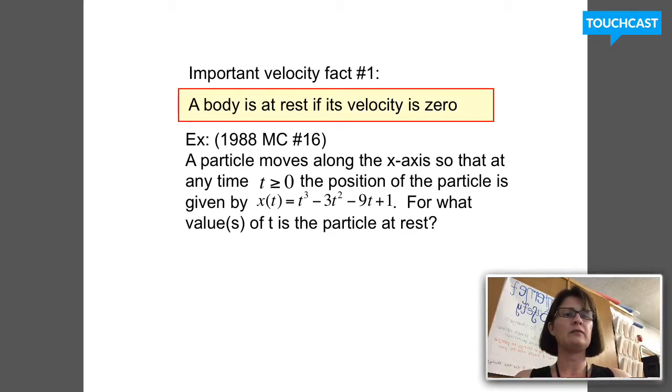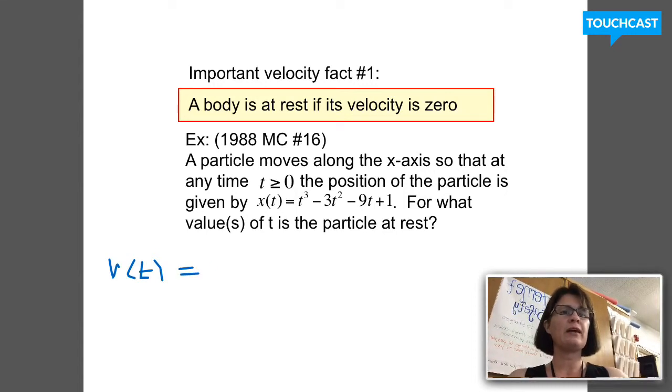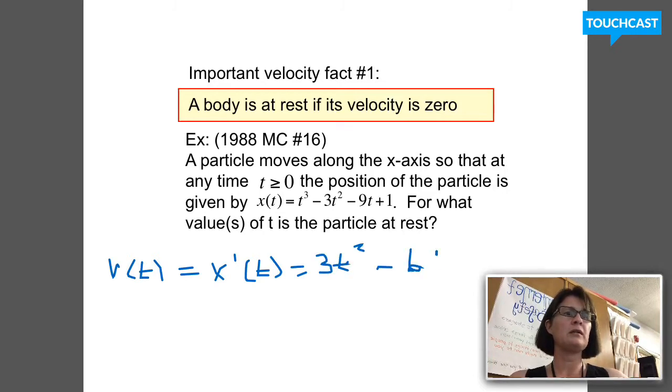velocity is 0. So I'm going to find the velocity first and then set that equal to 0. So v of t is the derivative of x, derivative of position, so v of t is equal to x prime of t, which is equal to, the 3 comes down, 3t squared, minus 2 times 3 is 6t, minus 9.